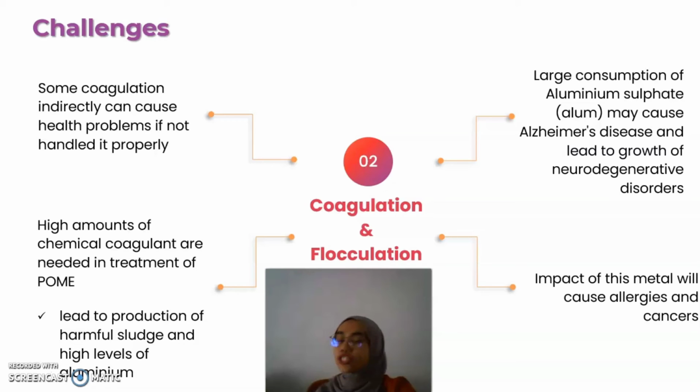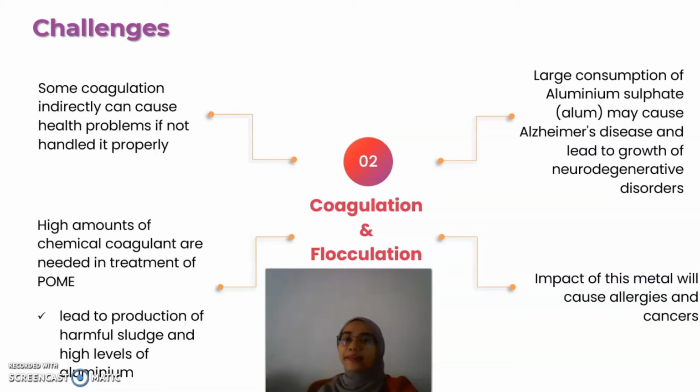This will lead to the production of harmful sludge with a high level of alum. In addition, the impacts of this metal include allergies and cancers. The use of chemical coagulants requires a high dosage in the treatment of POME as well as generating a large volume of harmful sludge and effluents, as I said before, containing a high level of aluminum.